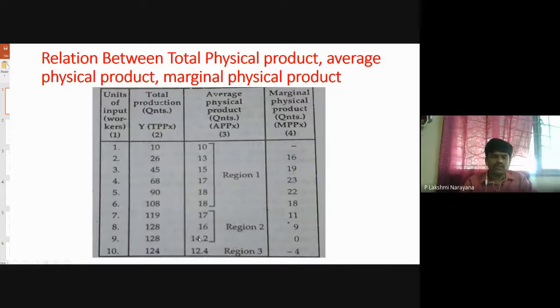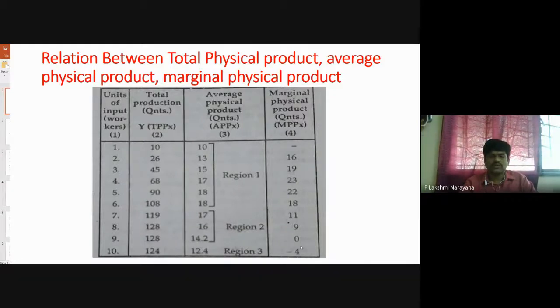That is 124 by 10, 12.4, at that level. If you use more labor, average product may decline, but it never comes to 0, never comes to negative. But marginal product at the 10th level is negative. It is an irrational stage.